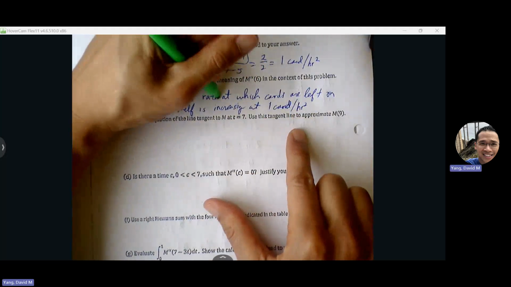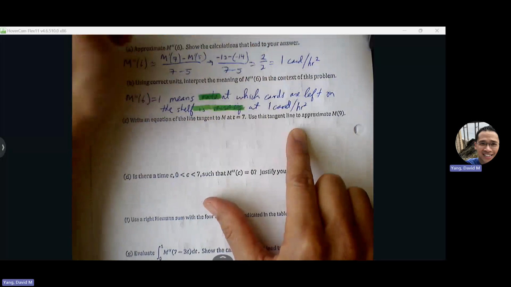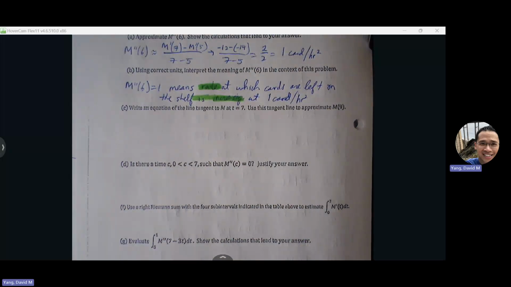So look for these words: the rate is increasing, or the rate is decreasing, or the rate is changing.